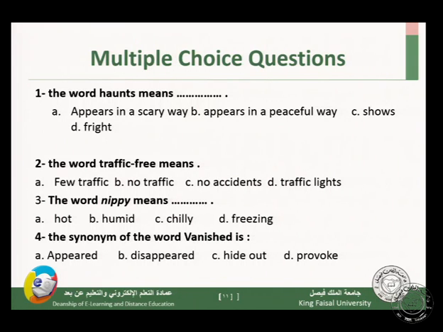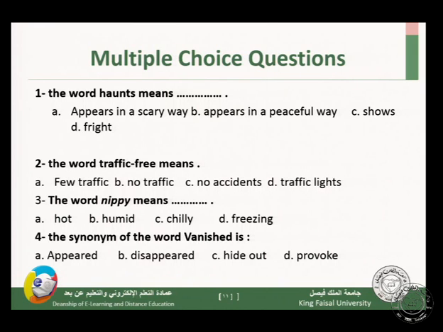Number 3, the word nippy means A, hot, B, humid, C, chilly, D, freezing. We said that nippy means it's a little bit cold. Not very cold, but a pleasant cold. So it's obviously not hot, and it's not humid, because hot means har, humid means ratab.